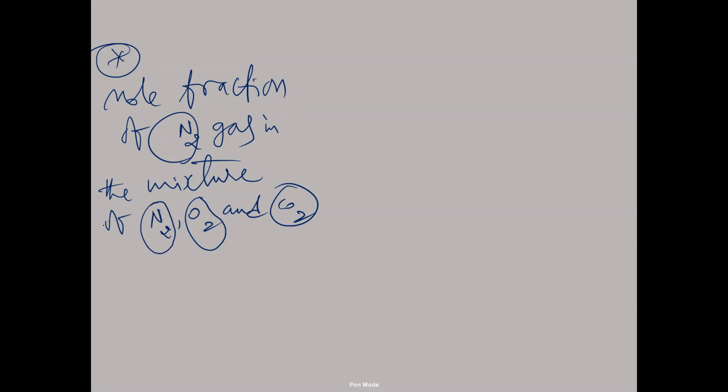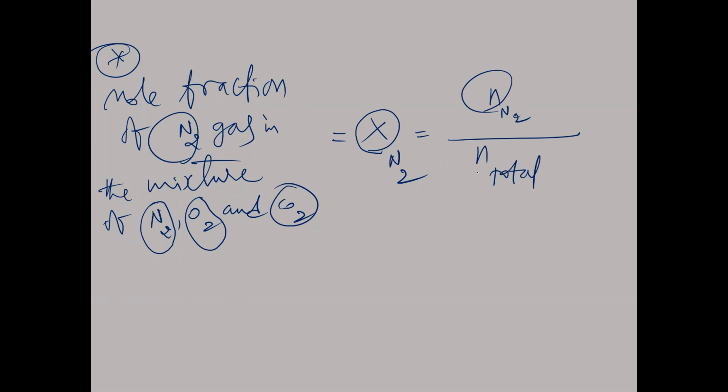Mole fraction of only nitrogen gas. Mole fraction is given by letter X. X N2 indicates mole fraction of N2. So mole fraction of nitrogen is equal to number of moles of nitrogen gas divided by N total, the total number of moles.